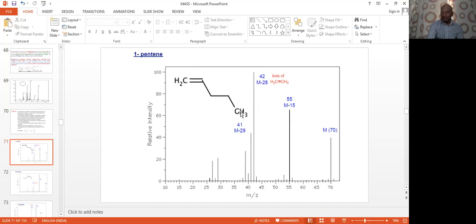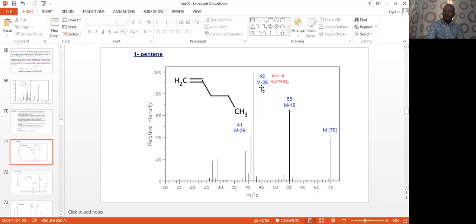Next, you can see m/z value 41. This is the removal of CH3-CH2, that is M minus 29, and again an allylic cation is formed.